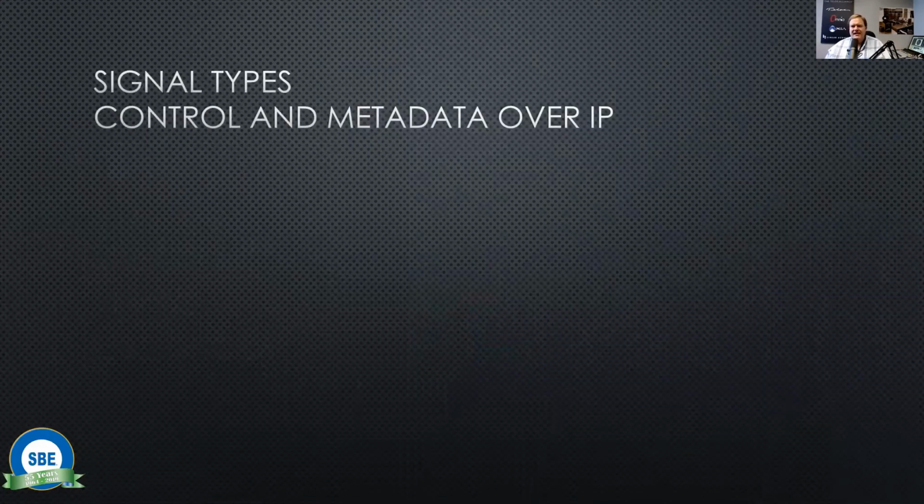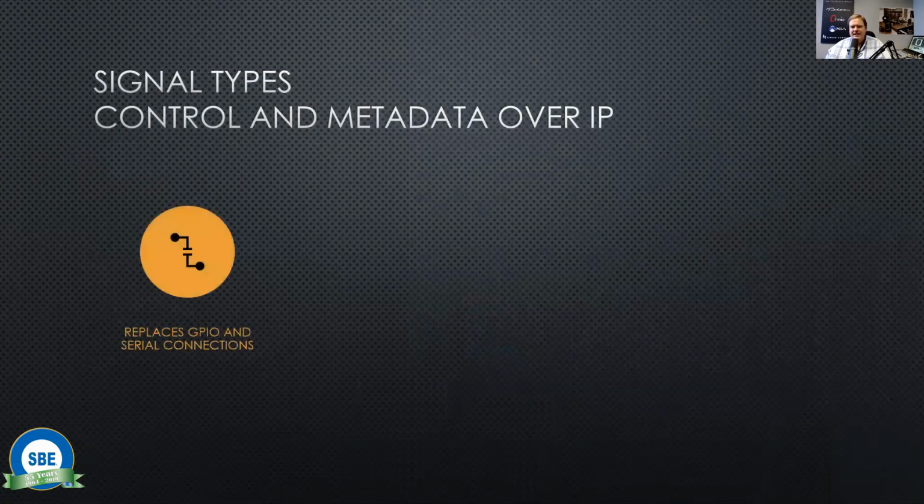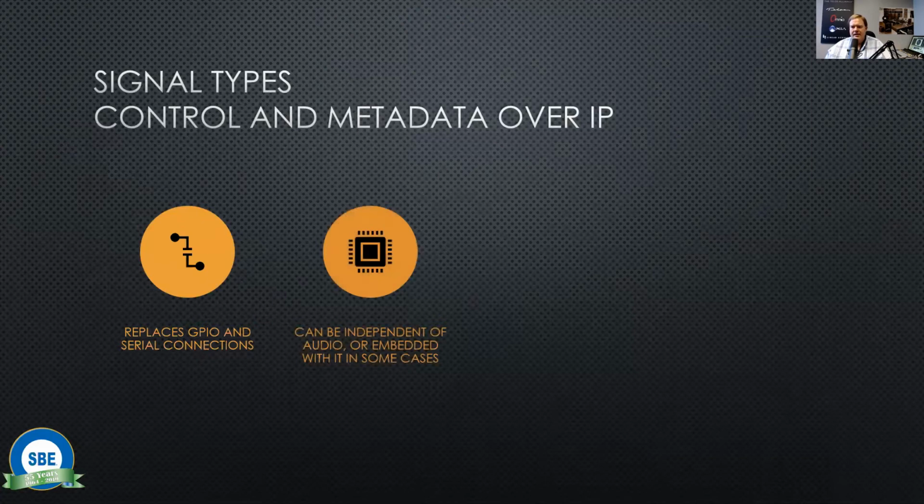So we can also pass control and metadata over IP, as I was mentioning those control signals earlier. That can replace GPIO and serial connections. And again, SNMP is a huge piece of this as far as passing control data and information over an IP network. It can be either independent of audio or embedded with it in some cases. Standards like SNMP would run completely independent of any kind of audio related data.